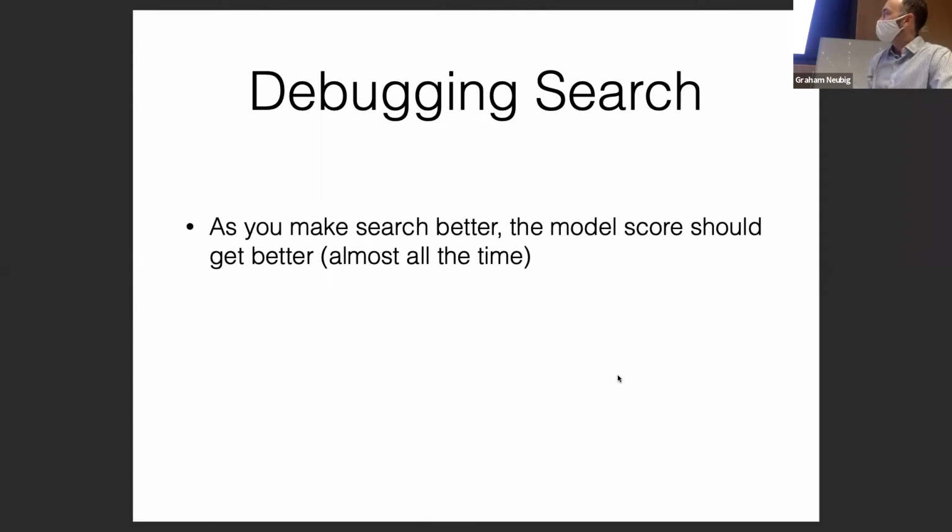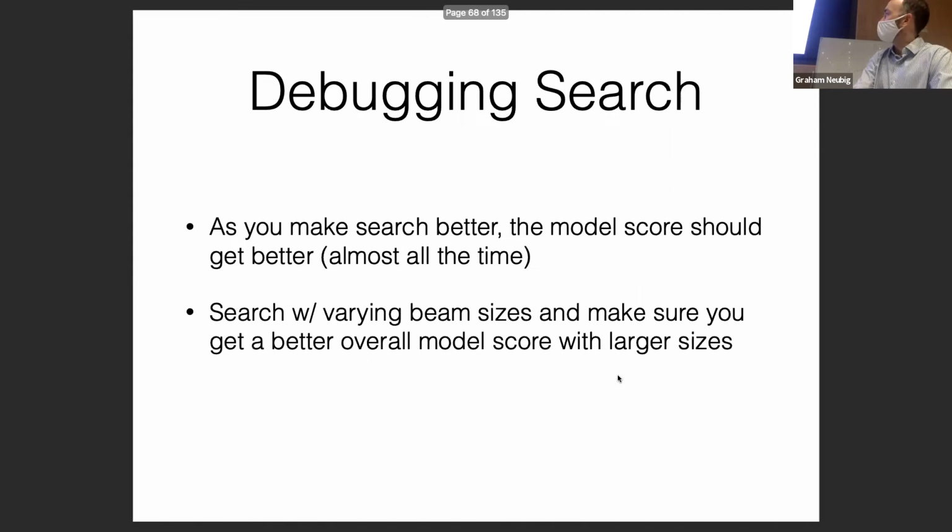So in general, as you make search better, the model score should usually get better almost all of the time. So if you search with varying beam sizes, you can make sure that you get a better overall model score with larger sizes. And if it's not doing this, then there's probably something wrong with your search code. And you can create a unit test for this as well.